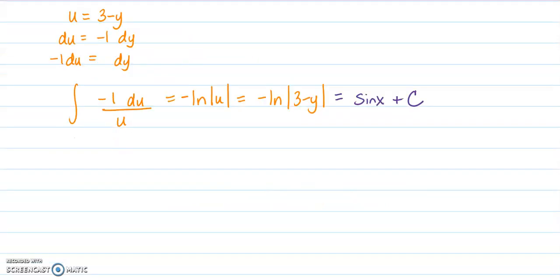All right, so at this point we need to figure out that c value, and they've given us the point (0, 1). So I know that the y value is 1 when the x value is 0. So sine of 0 is 0, so we have c on the right-hand side is equal to negative natural log of 2.